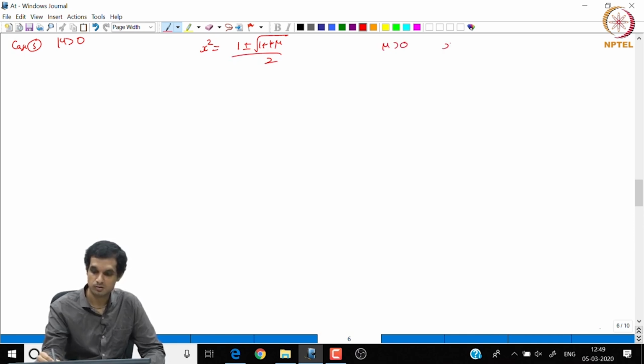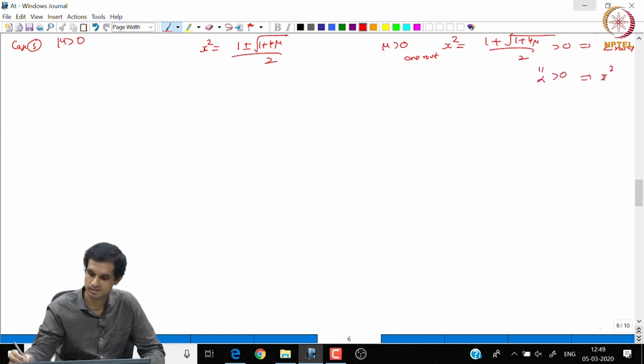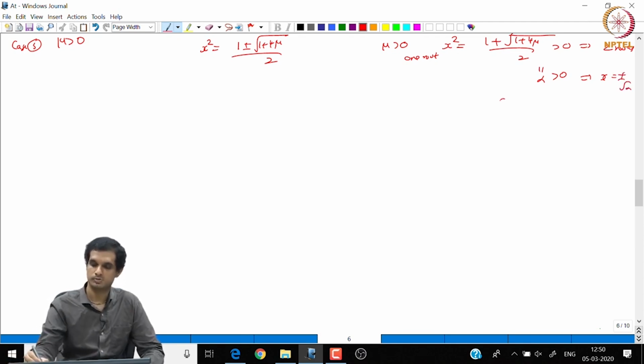When mu is positive, 1 plus root of 1 plus 4 mu by 2 is positive, no doubt about it. So, we will get 2 roots. Let us call this alpha, which is positive, and x is plus or minus root alpha, so we get 2 roots for x.